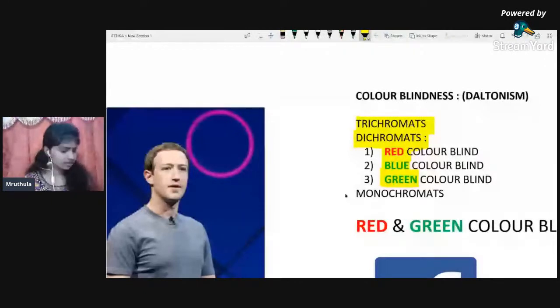Any guesses for that? It's very simple. If someone has red color blindness, there are two cones functioning normally. Red color blind means he is not able to see red color. So what would be normal in them?